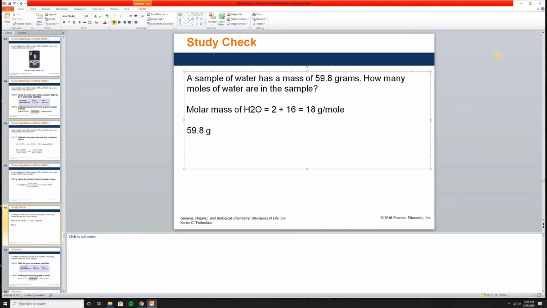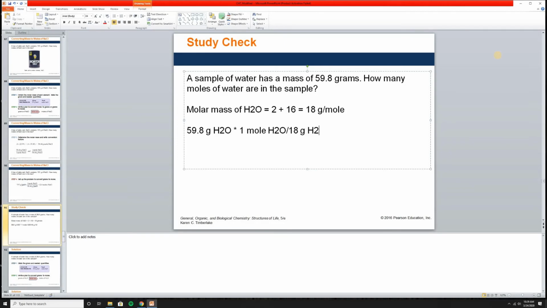Okay, so now our sample is 59.8 grams, and we want to see how many moles of water are in that sample. So we're going to take that many grams of H2O, multiply it by 1 mole of H2O per 18 grams.